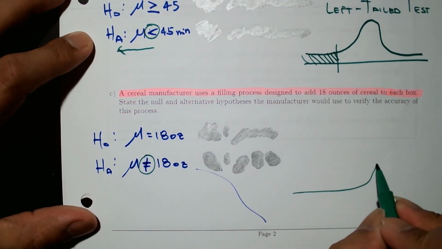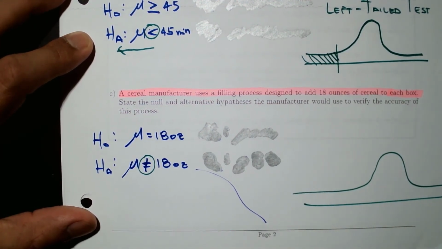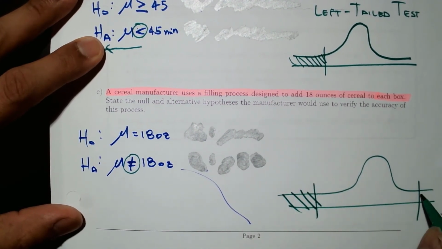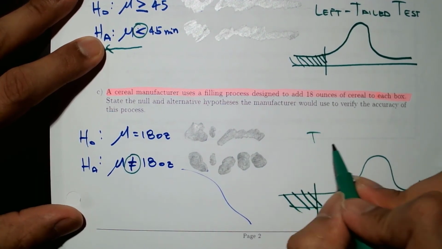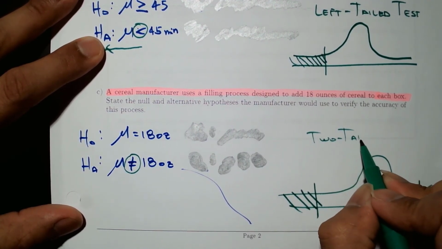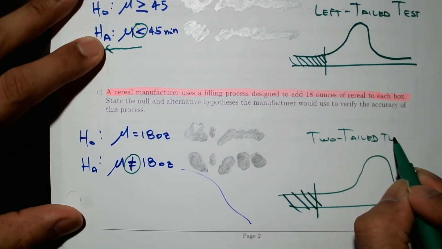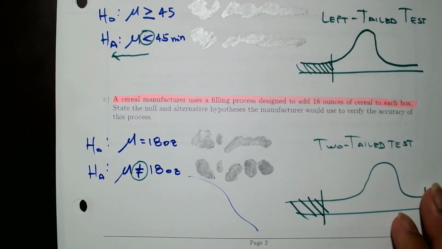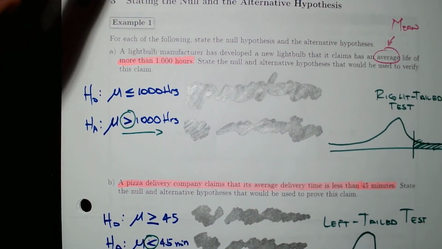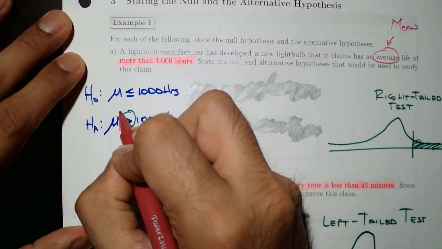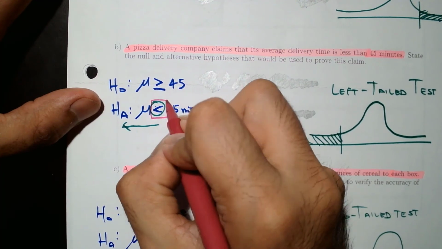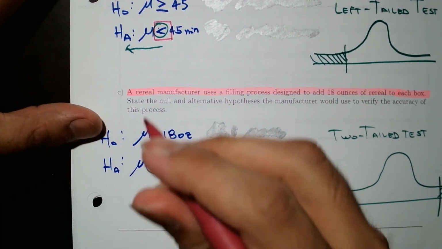How is this going to look? Well, when we conduct the test, this is going to be a two-tailed test. Okay. Now, something very, very important that you might want to keep in mind. I would like you to observe something. Look at the inequality symbols for the Ha, for the alternative hypothesis.